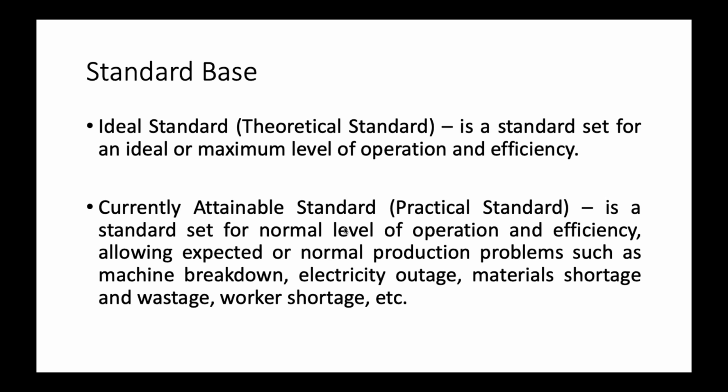While currently attainable standards is the practical base of setting standards, a normal standard set for a normal level of operation and efficiency, allowing expected or normal production problems such as machine breakdown, electricity outage, material shortage and wastage, and worker shortage. This is the most commonly used type of standard because it creates a positive effect on workers since it is more reasonable and more attainable.